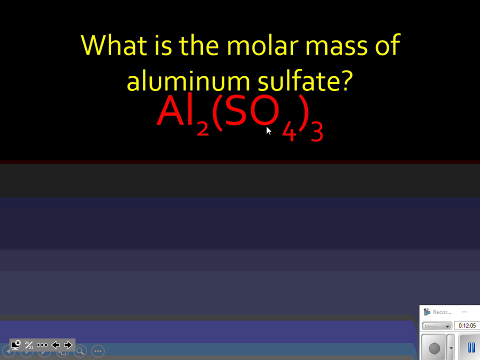When I go to calculate the mass, I find aluminum on the periodic table, element number 13, 26.98. Times 2 of those babies, it's going to give me 53.96. Now here's the rub. Sulfur. I have 1 sulfur in each polyatomic, but I have 3 of them.